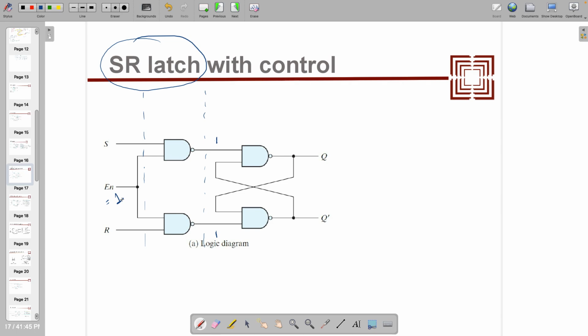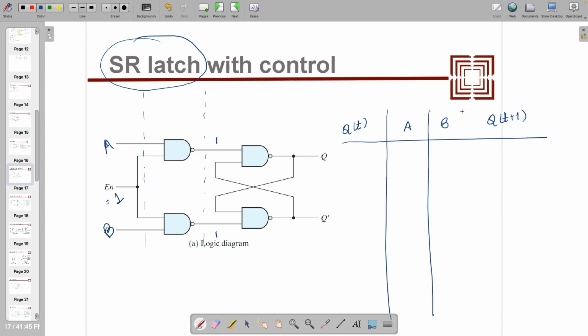Now let's assume set and reset. Before calling them set and reset, let's go with my notations A and B, and let's have a third input also. Let's call that one Q(t), and I want to check Q(t+1) because that's more realistic. We have to assume some value of the present state of Q also, right?